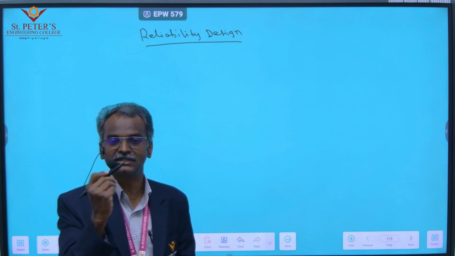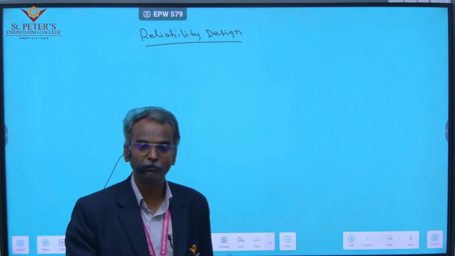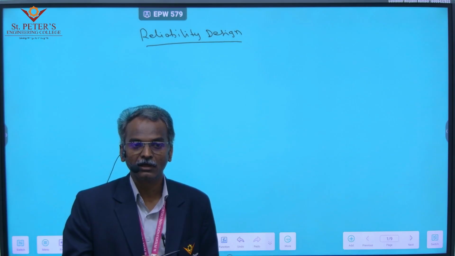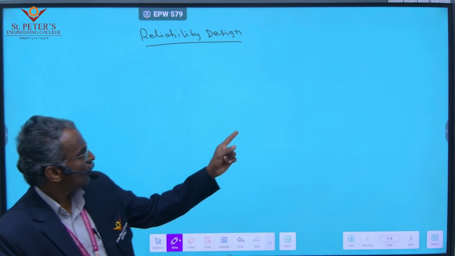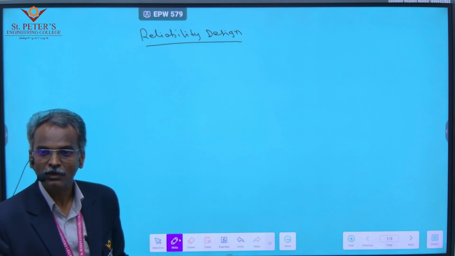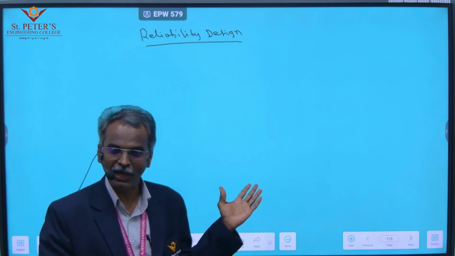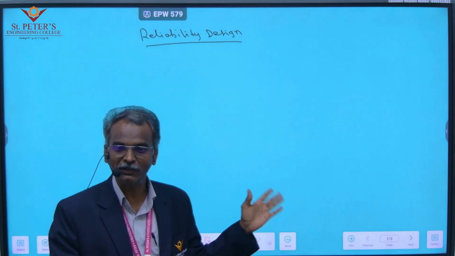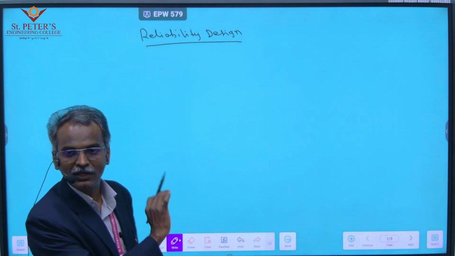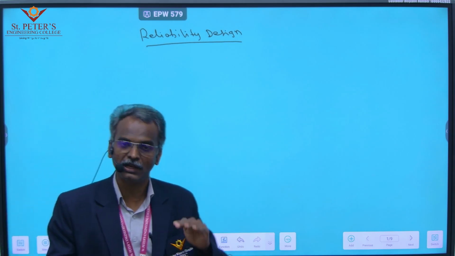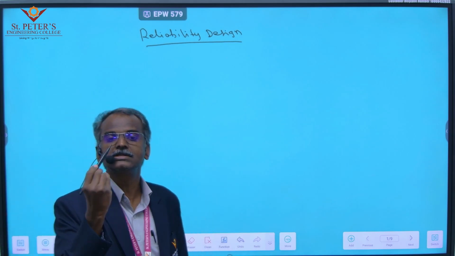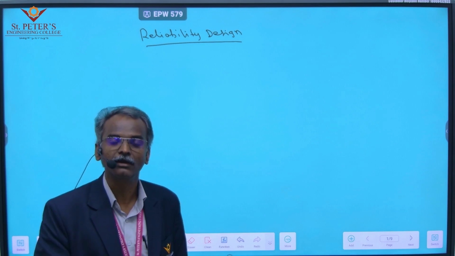For example, this eraser, or the writing material, may dry up at any time. And what about this board? It will not disappoint you. As long as you are using it, it will be there. Whenever you are using it, it will not fail you. So the possibility of failure of this board is very less compared to this writing material, that is the pen.